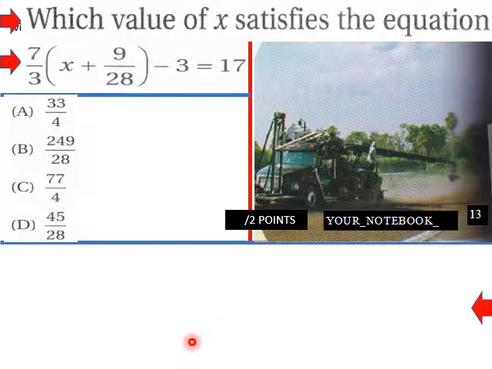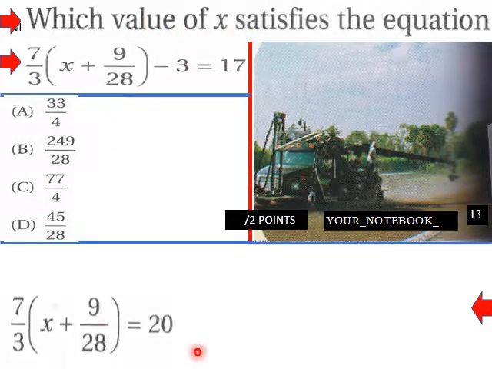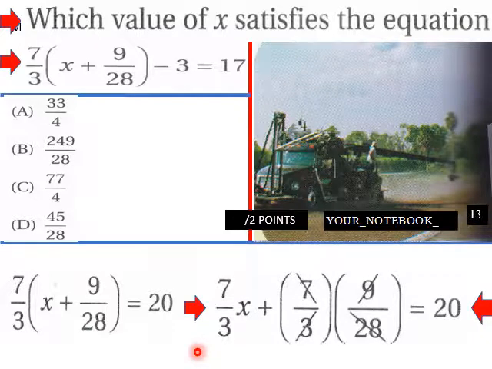Which value of x satisfies the equation here? So here are our choices for this here. So we have to multiply through by 7/3 through the parentheses here. And you can do some canceling, or you can just straight multiply across.